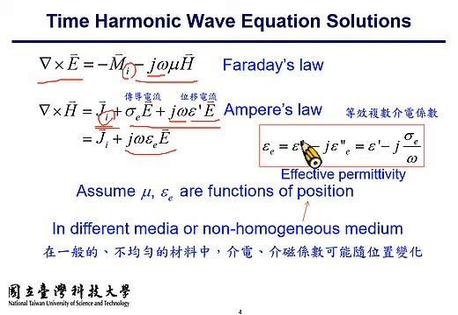It's written as epsilon prime minus j epsilon double prime. Note this minus sign. When it comes to the complex number representation of effective permittivity, the real part is the displacement current. So as you can see here, epsilon prime is related to displacement current.